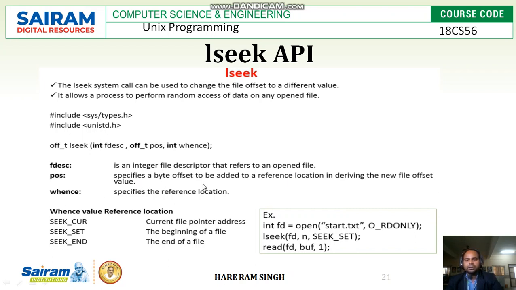Now pos specifies a byte offset to be added to a reference location in deriving the new file offset value. So it contains the value which needs to be added to the whence argument to achieve the new address from where data needs to be read or written.